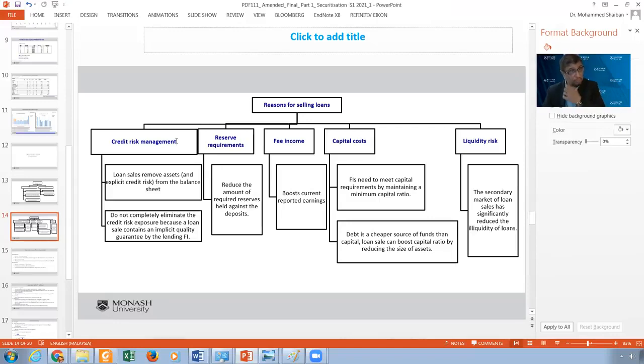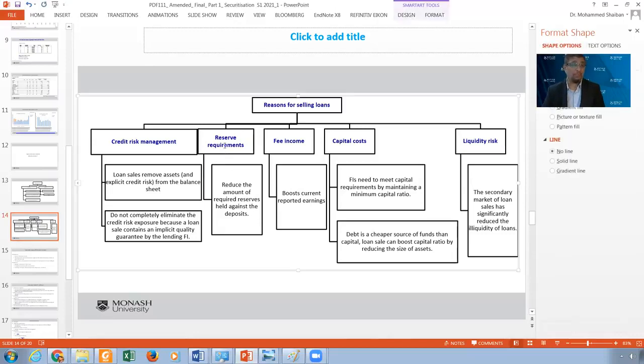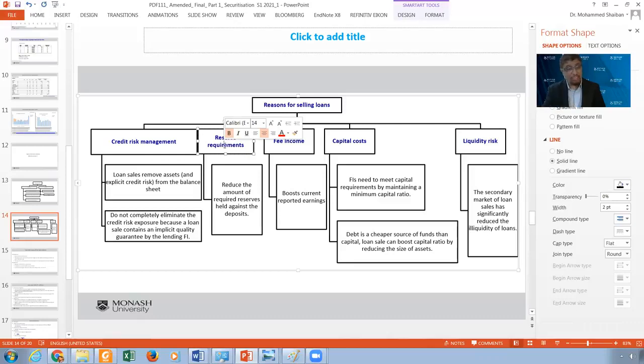Now, also, reserve requirement. What is reserve requirement? In this country, like in any other country, in Malaysia, if you receive $1 as a deposit, you have to put 4 cents, or 4% of that, in the central bank as a reserve. The central banks do this to manage the supply of money and to be sure that if there is a collapse or whatever, they have some reserve to protect the customers.